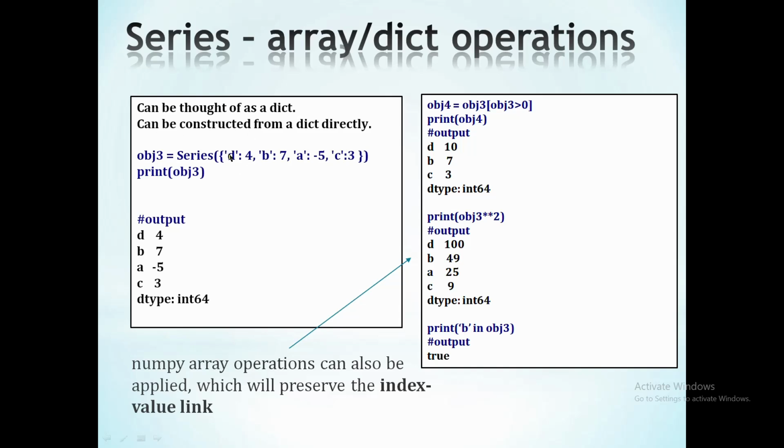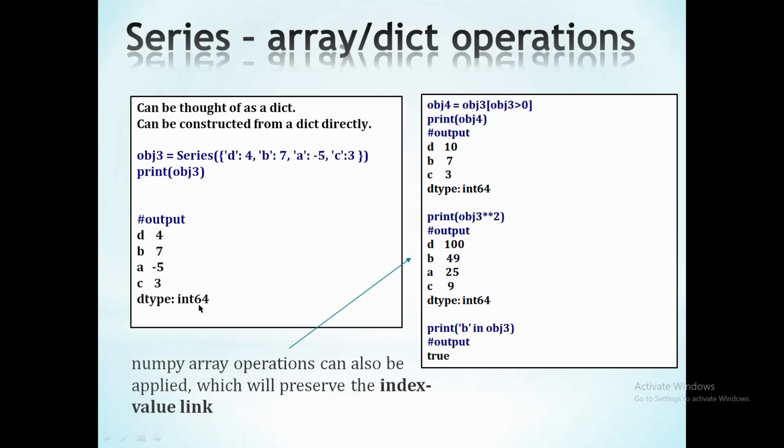Here we are creating a dictionary, which is reflected in terms of curly braces. Then it is converted to a series. So now when I print the object, I am getting this output, that is D is assigned a value of 4, B is assigned a value of 7, A is assigned a value of -5, and C is assigned a value of 3.